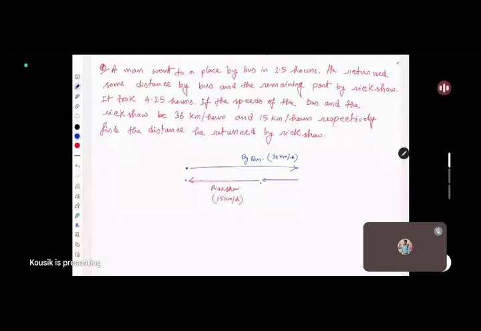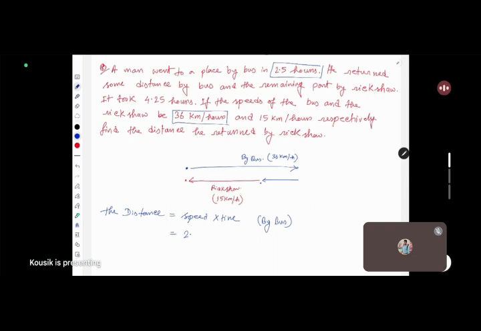তাহলে ডিসটেন্সটা আমরা বের করতে পারি. The distance is equal to speed into time by bus, কারণ বাসে করেও পুরোটা গিয়েছিল. টাইম কতক্ষণ লেগেছিল? 2.5 hours and the speed was 36 kilometer per hour.